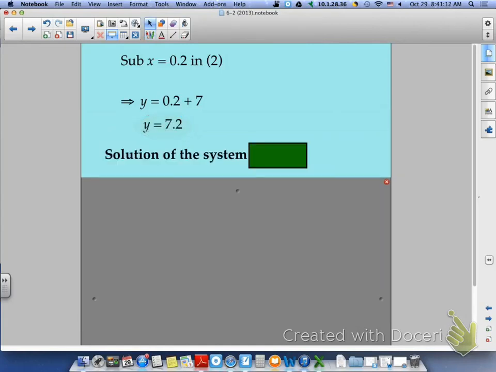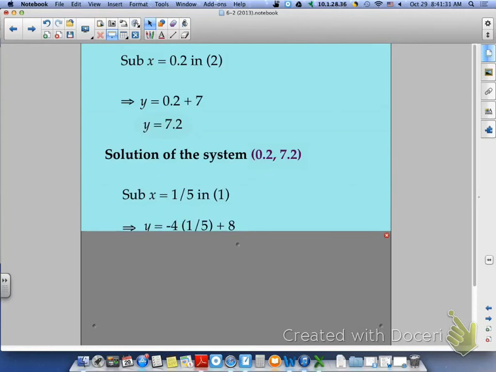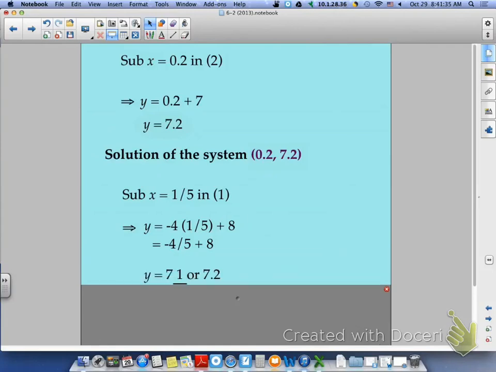So what is the solution of the system? 0.2 comma 7.2. Okay? All right. Now let's, just for fun, plug in 1/5 instead of 0.2. So I have negative 4/5 plus 8, and I'm using the other equation here.